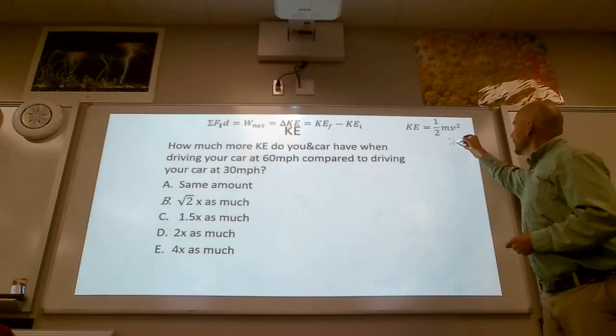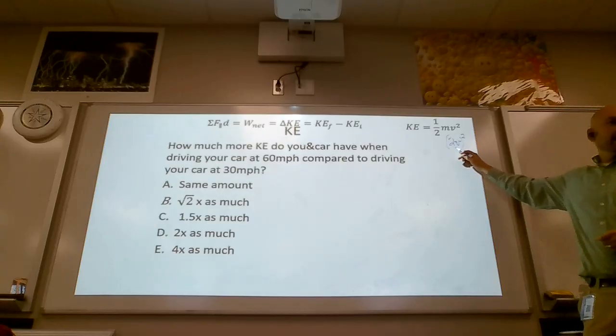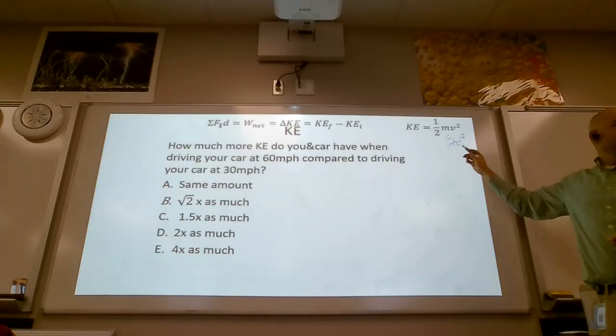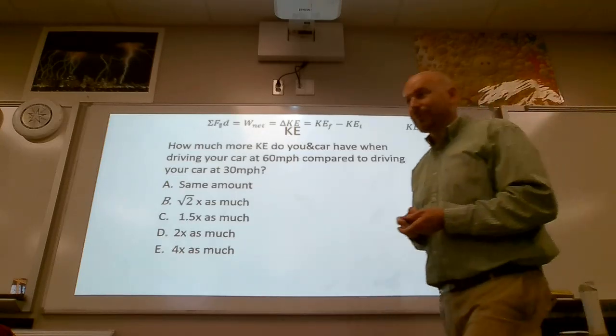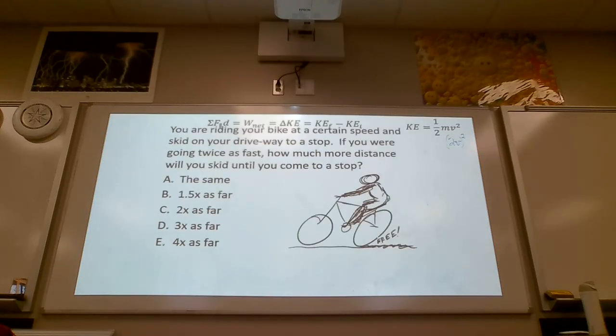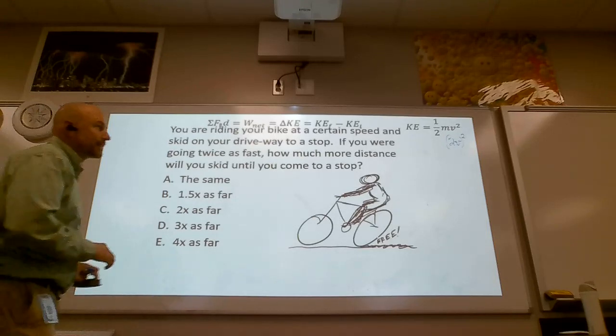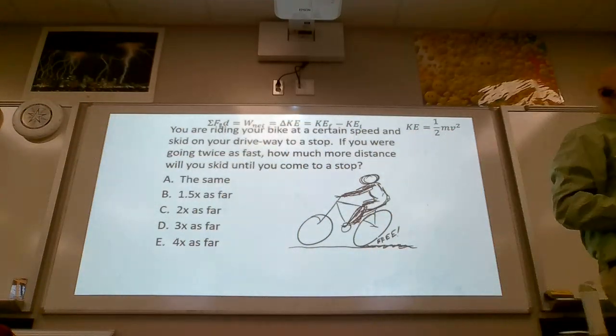When you double the speed, you have to square that. That becomes 4 times. Good with that? 4 times your kinetic energy. So, the consequence to that, you're going twice the speed.